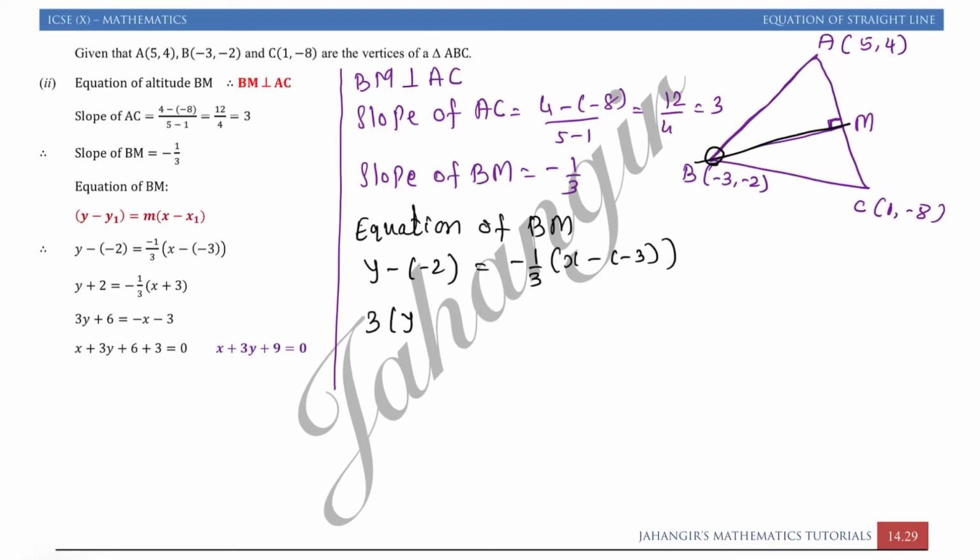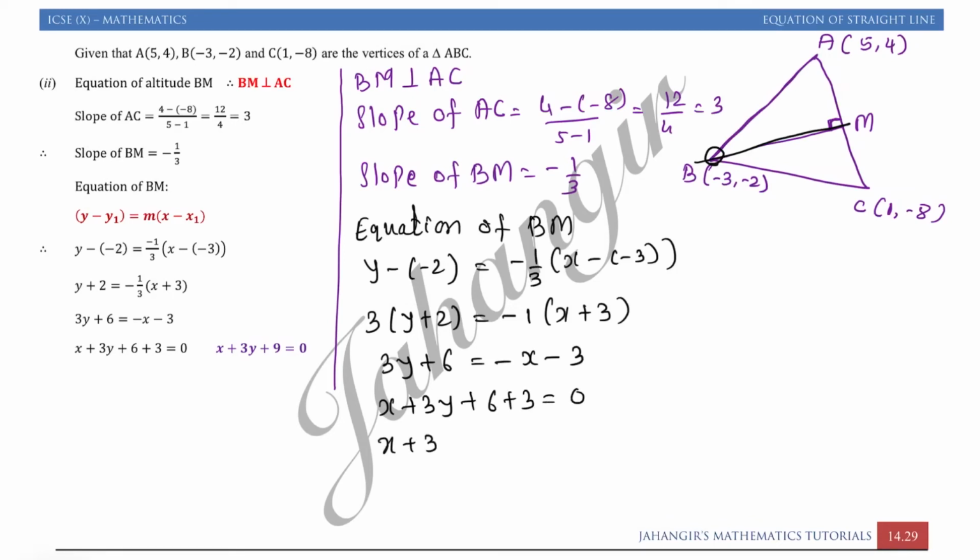Cross multiply: 3(y + 2) = -1(x + 3), so 3y + 6 = -x - 3. Then x + 3y + 6 + 3 = 0, that is x + 3y + 9 = 0. This is the equation of BM.